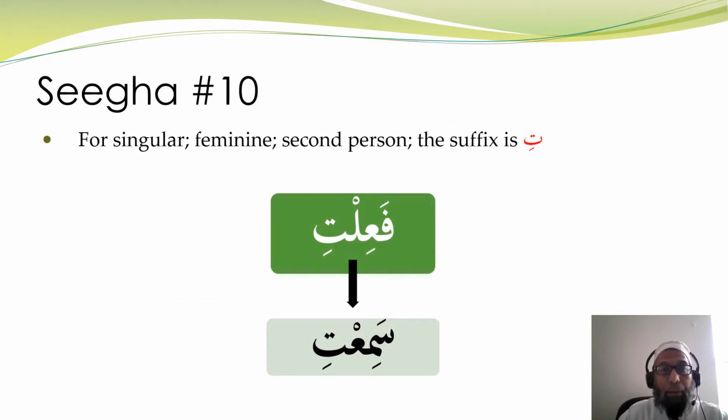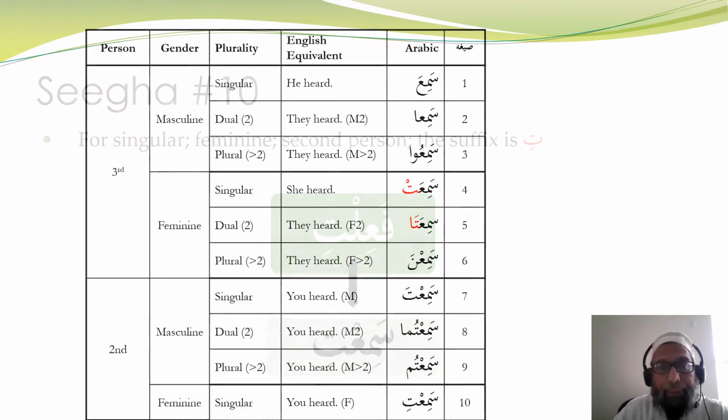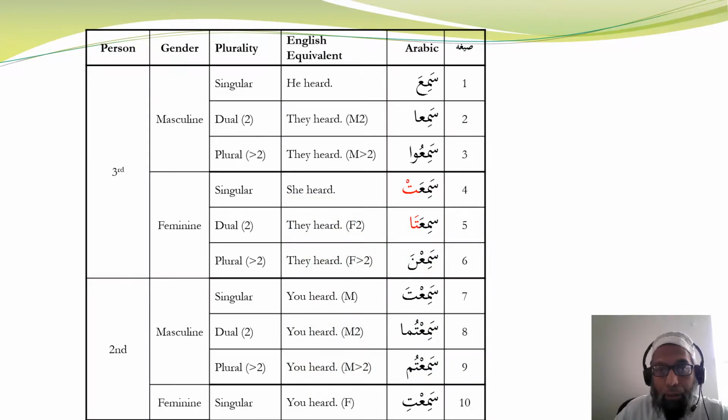And then singular feminine second person. Fa'ilti, sami'ti. The pattern of fa'ilti, sami'ti, means you have heard, for feminine. You, one female, heard. So again, the table is sami'a, sami'a, sami'u, sami'at, sami'ata, sami'na, sami'ta, sami'tuma, sami'tum, sami'ti.